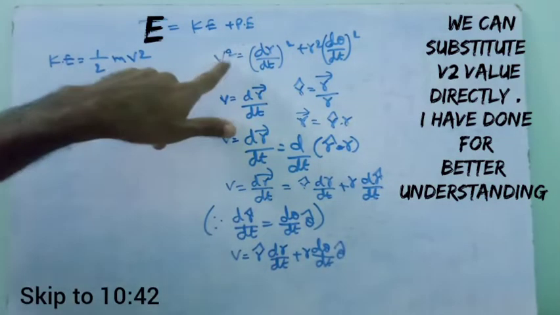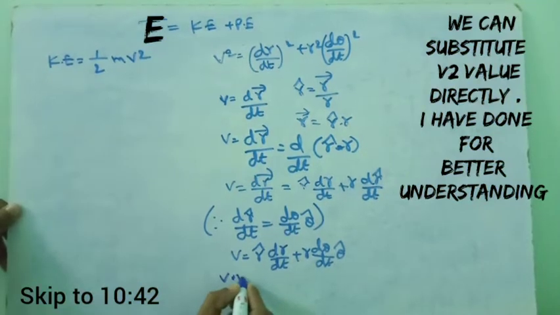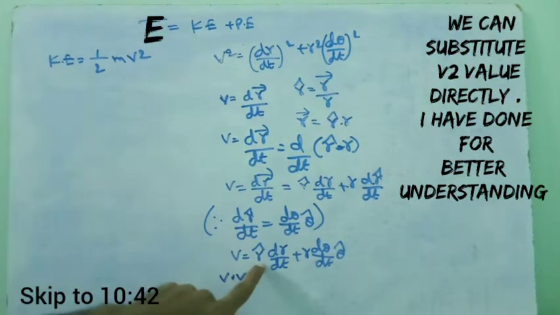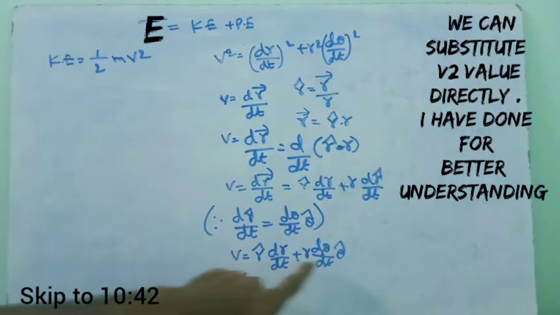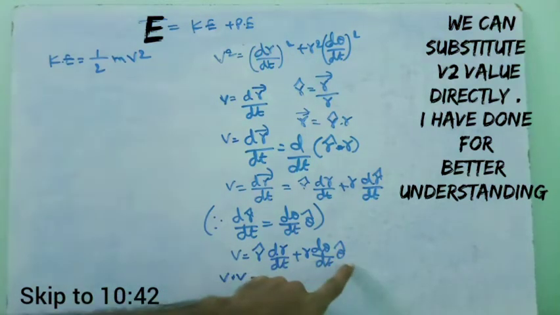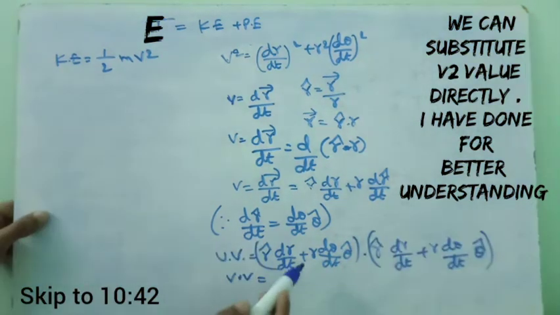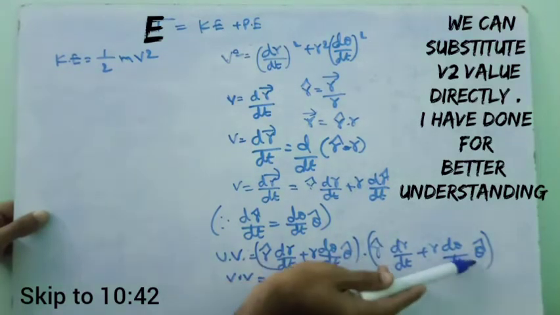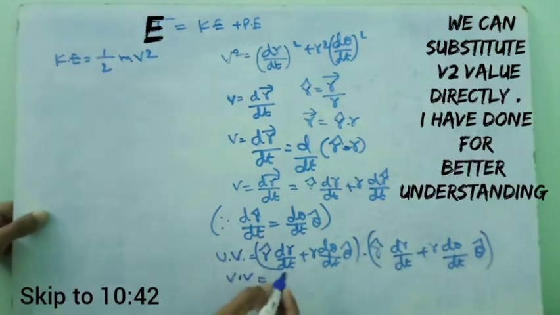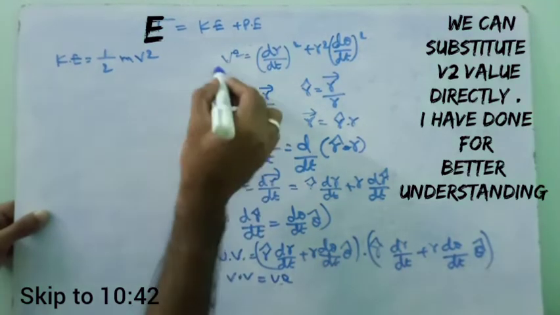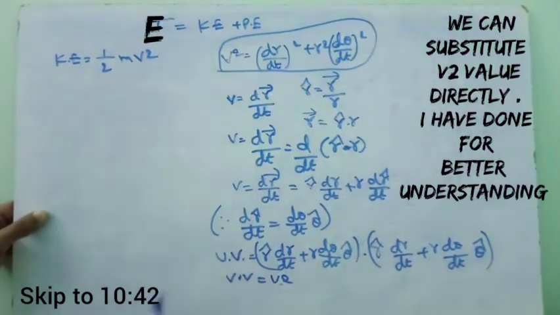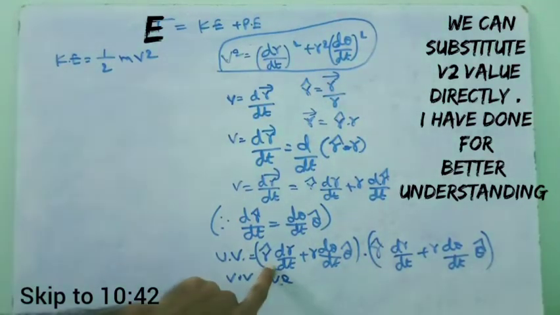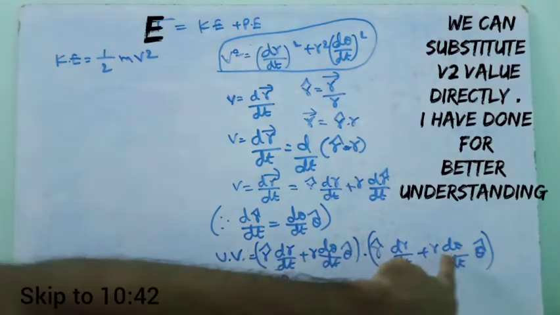So v square means v dot v, so we need another v. These are the unit vectors r cap and theta cap. So the r cap dot theta cap term becomes 0. The r cap dot r cap value becomes 1, but r cap dot theta cap value becomes 0. So finally we get the v square value. By doing the dot product, r cap with the theta cap term becomes 0.